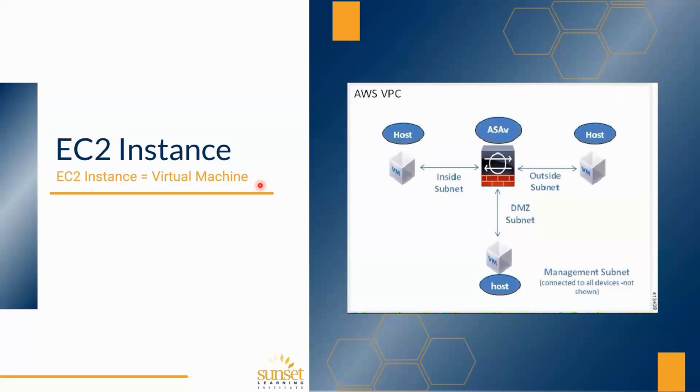Now, here's the one that a lot of people may not be familiar with, an EC2 instance. An EC2 instance, think of it as a container that allows you to put an application in and share that application out. Boy, that sure does sound like a server, right? Or today's virtual machines. That's because it is simulating a virtual machine.